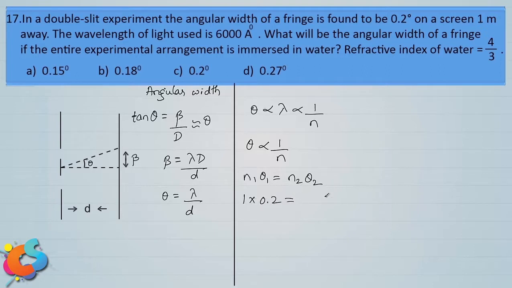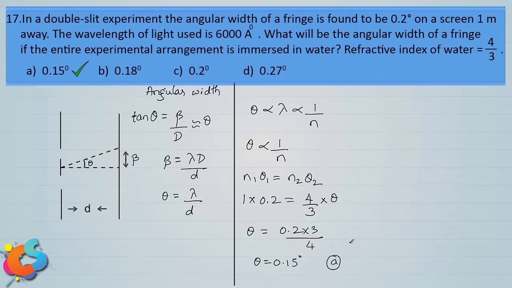That should be equal to n2, the refractive index of the second medium, that is water, whose refractive index is 4/3, into theta 2, the angular width in the water medium, which is unknown. Let me call it theta. Therefore theta is equal to 0.2 into 3/4, that is 0.6/4, that should be 0.15 degree. Therefore your option A should be the correct answer.